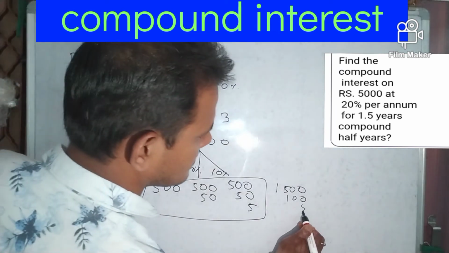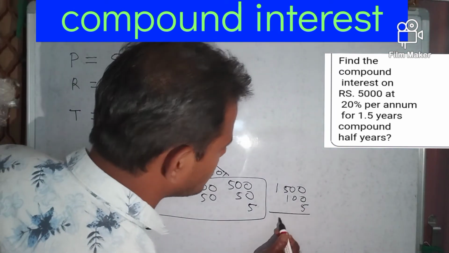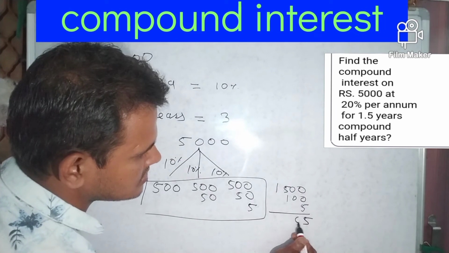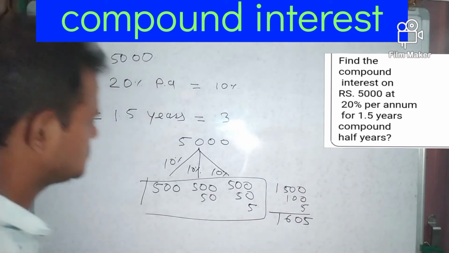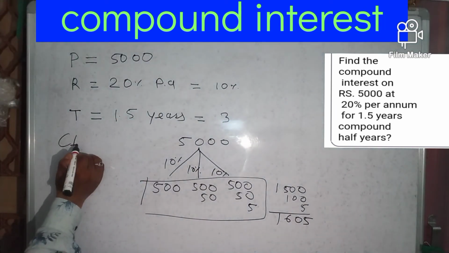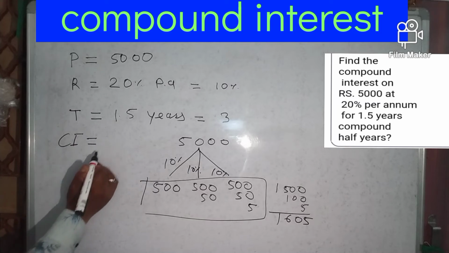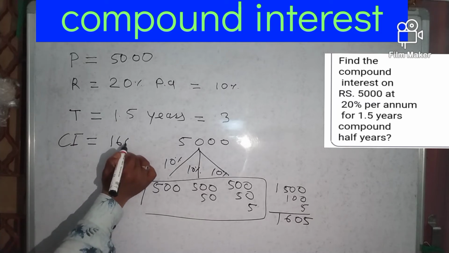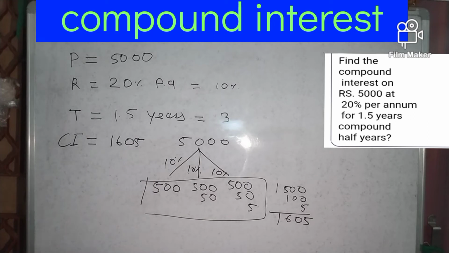And 5. So total compound interest is 1605. So CI is equal to 1605.